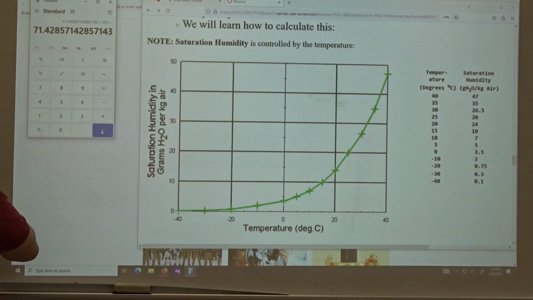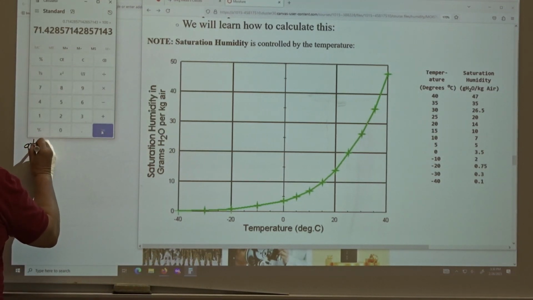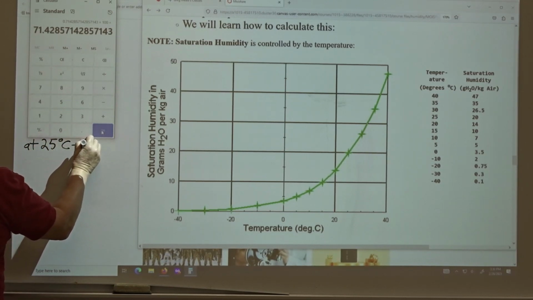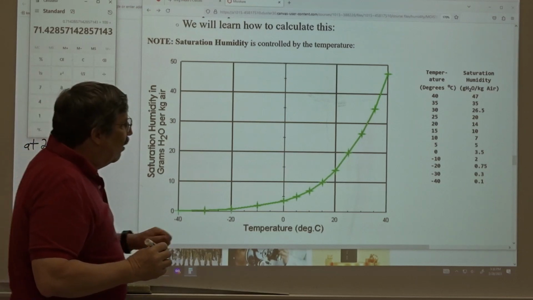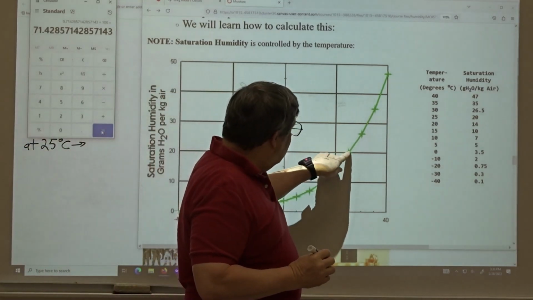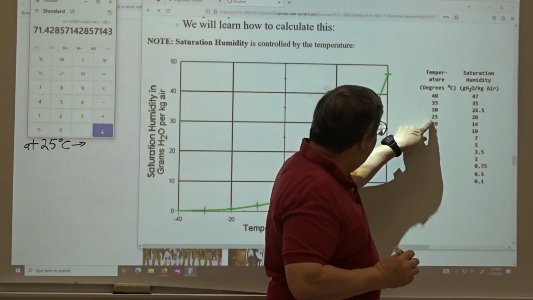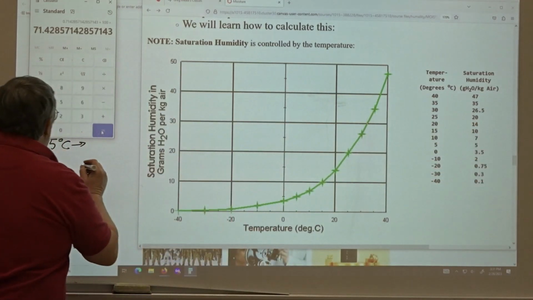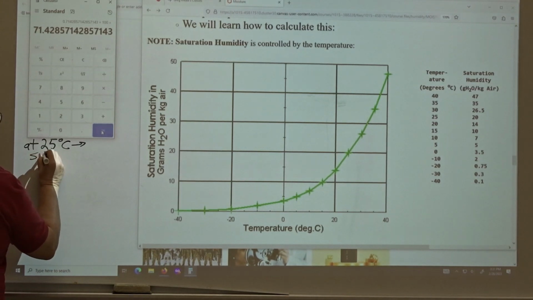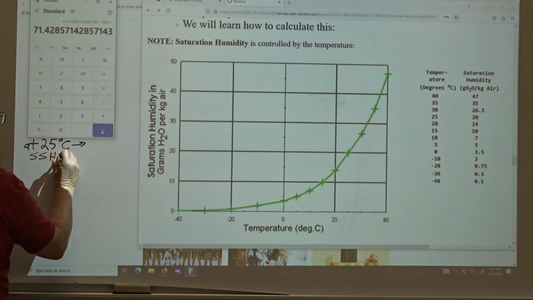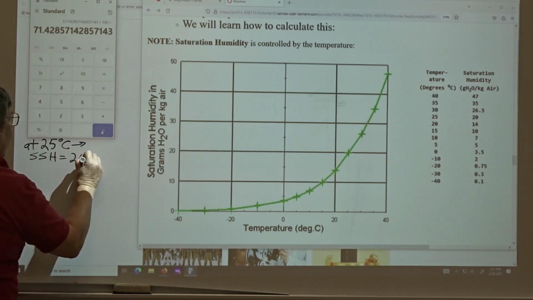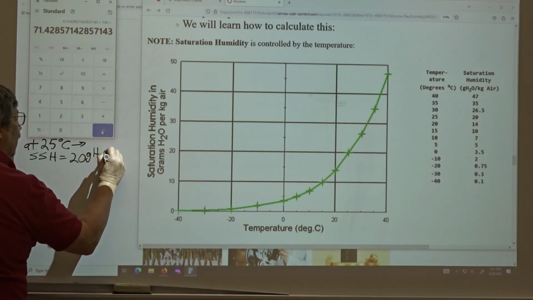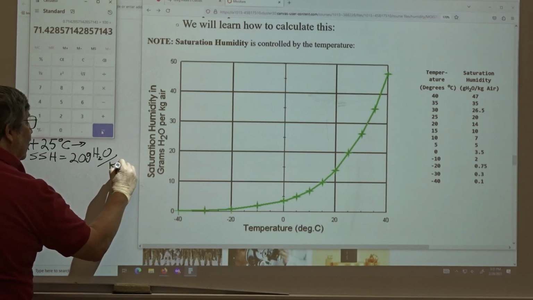If our temperature starts at 25 degrees Celsius, that means that our saturation specific humidity is 20 grams of water per kilogram of air.